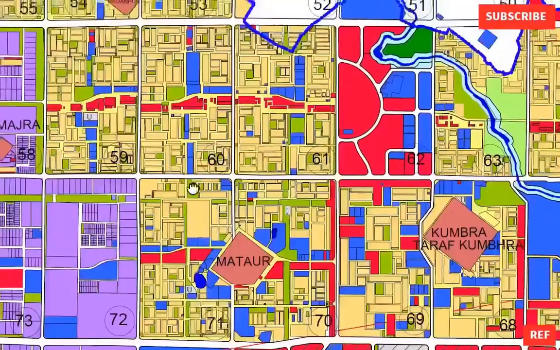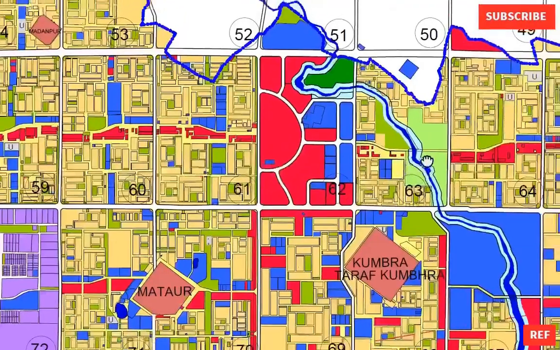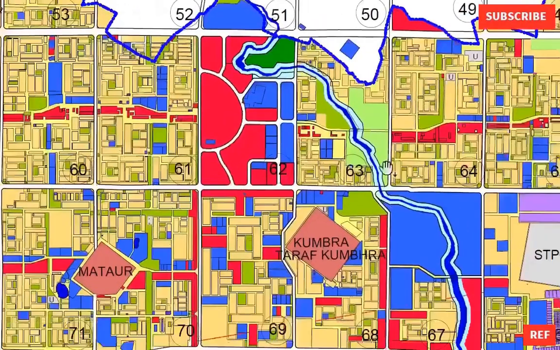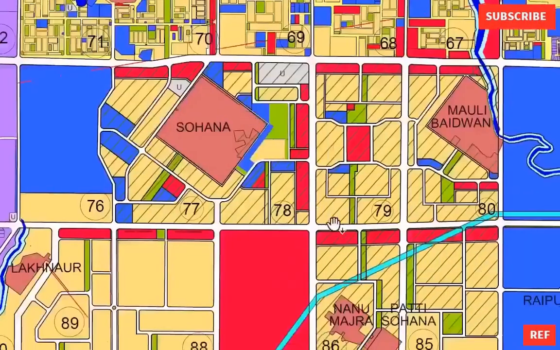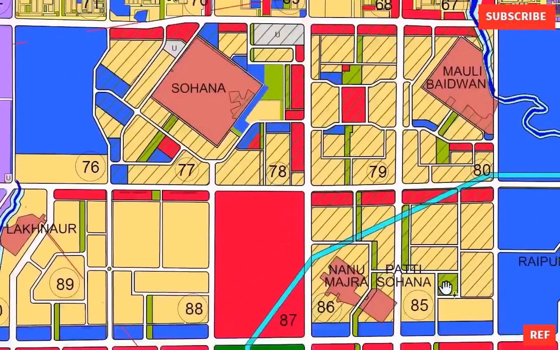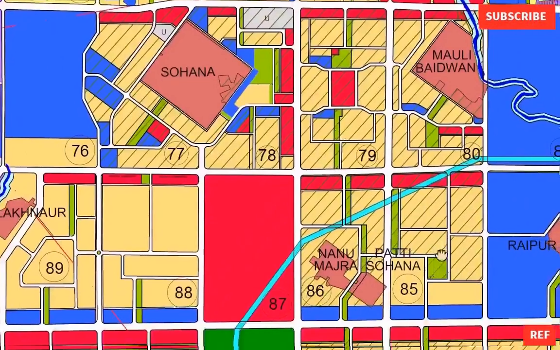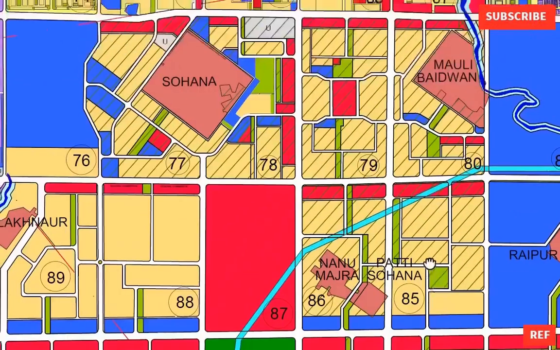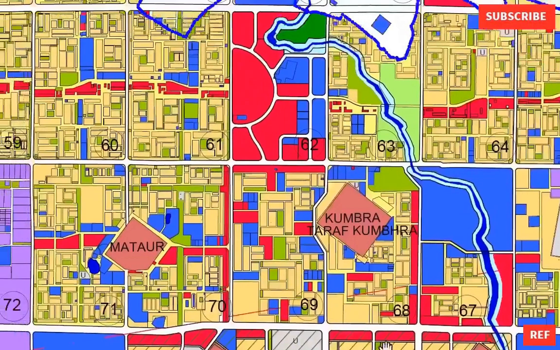Mohali contributes greatly to sports at national and international level. We have lots of practice facilities for established as well as budding sports persons in various sports like hockey, cricket, swimming, table tennis, athletics, volleyball, badminton, tennis, etc.